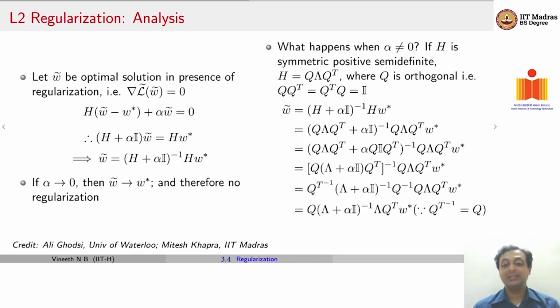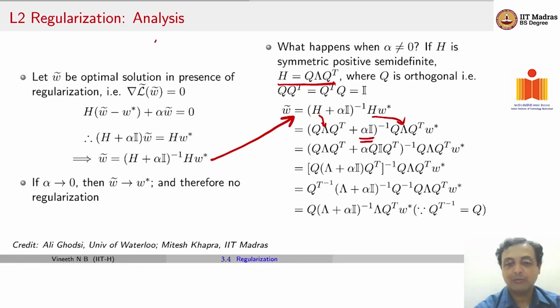So why do we do this? With this, let's try to analyze what w tilde is. w tilde from here is (H plus alpha I) whole inverse H w*. Let's replace H by Q lambda Q transpose. You'll have H replaced by Q lambda Q transpose and the other H replaced by Q lambda Q transpose. Now alpha I can be replaced by alpha times Q I Q transpose.